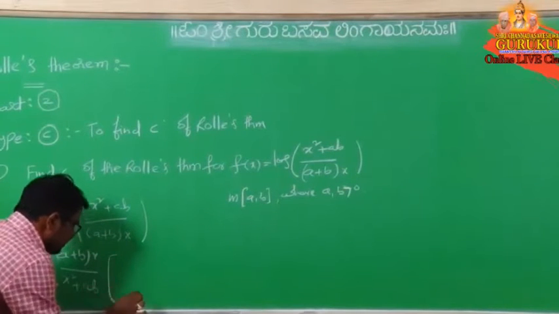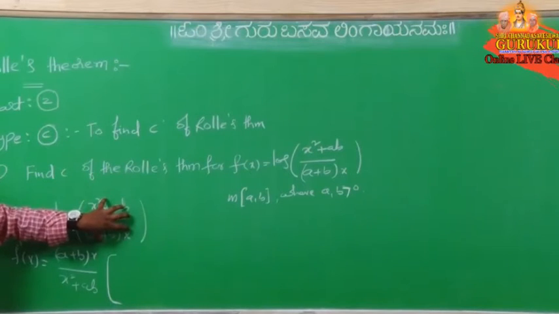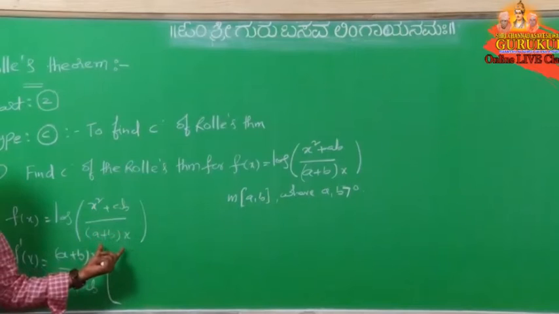Again we have to do the differentiation for this one. How to do it? U by v formula, the quotient rule, we have to apply. Take this as u and this as v.